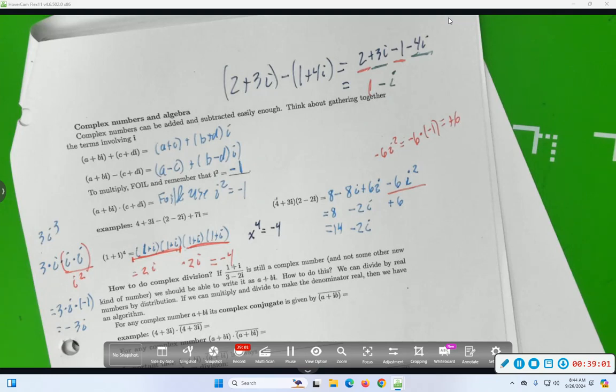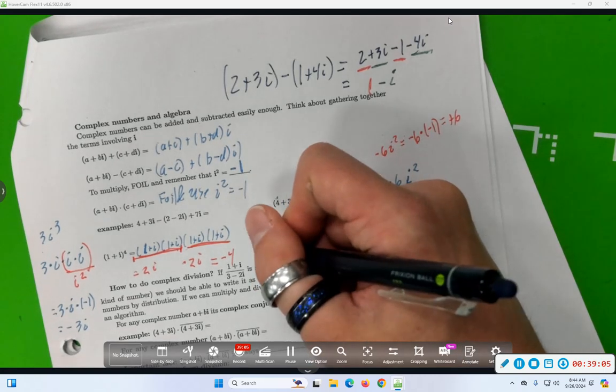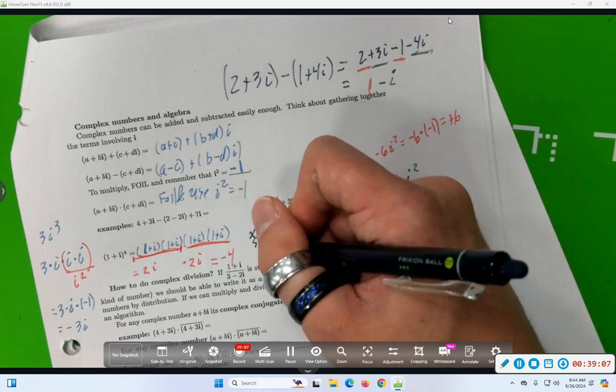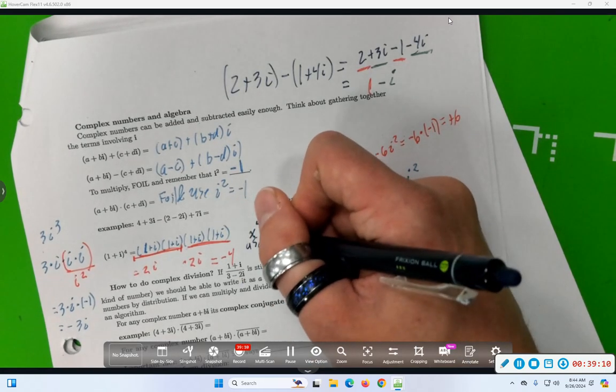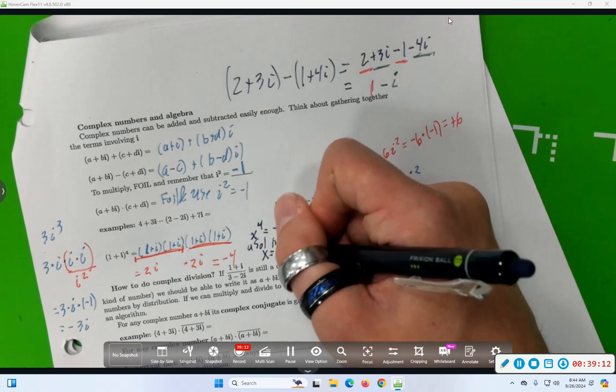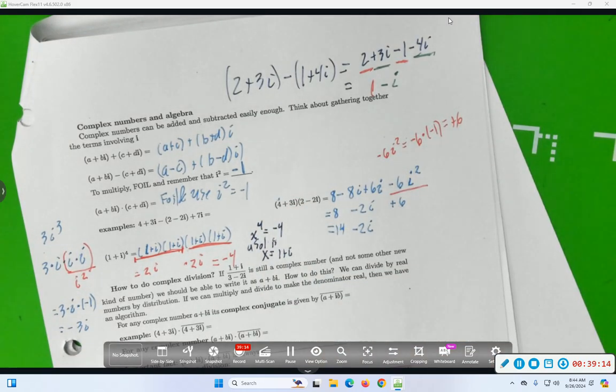So I'm not going to tell you how you produce that. x to the 4th equals negative 4 has a solution: x equals 1 plus i. And in fact, here's a cool fact about complex numbers. If you write down absolutely any polynomial equation, it has solutions, as long as you're willing to look in the complex numbers. Every polynomial does.